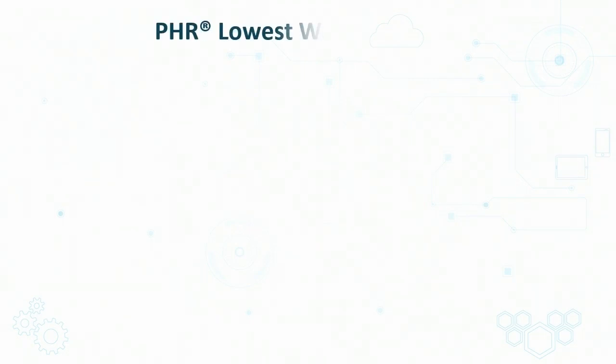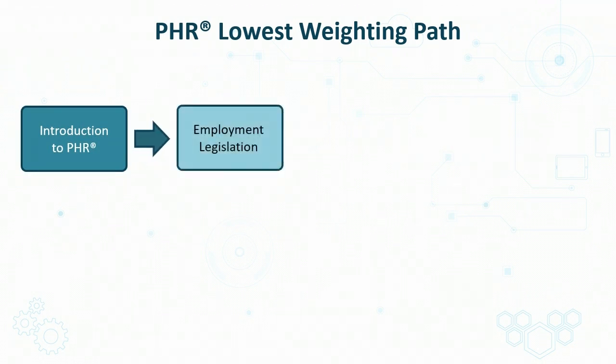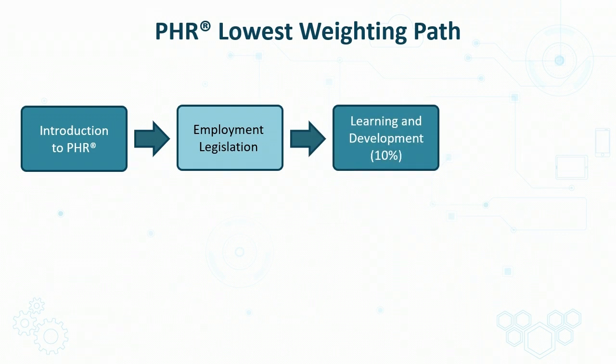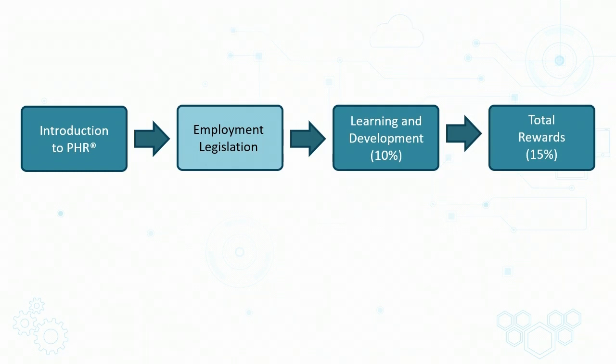If you're starting with the lowest weighted path, it may be helpful to have the foundation of employment legislation, so I recommend this as a second course. Starting from the top left of the screen and moving to the right with Introduction to PHR, then you have your employment legislation as I recommended, and then we'll follow by learning and development at 10%, and then we'll move to total rewards at 15% to round out the top half.